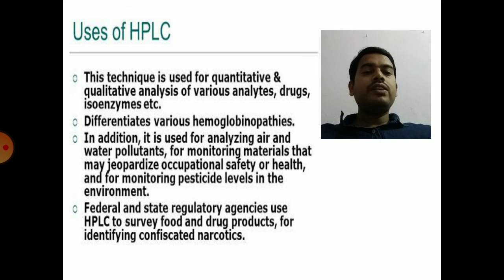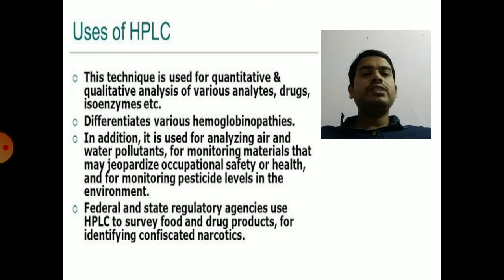Isoenzymes perform the same function, but they are found in different organs like kidney, liver, etc. You can separate such isoenzymes, which function similarly but are located in different organs, with the help of HPLC. And also drugs and narcotics.